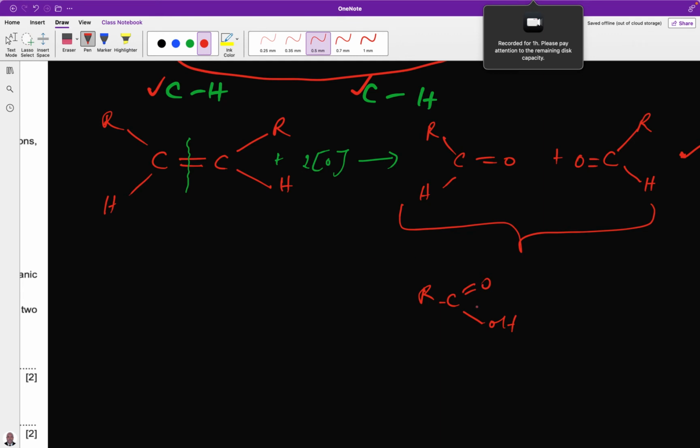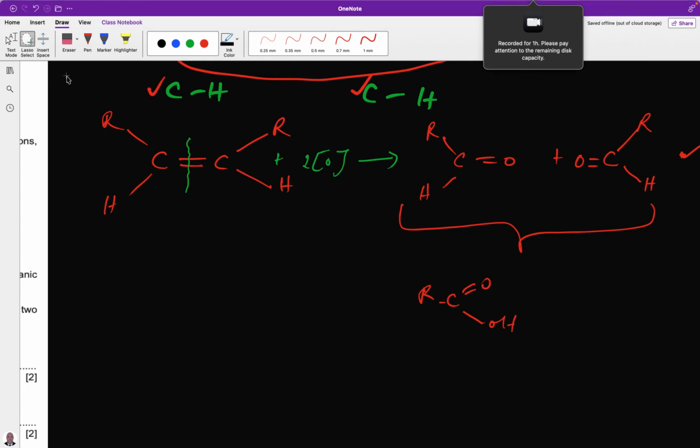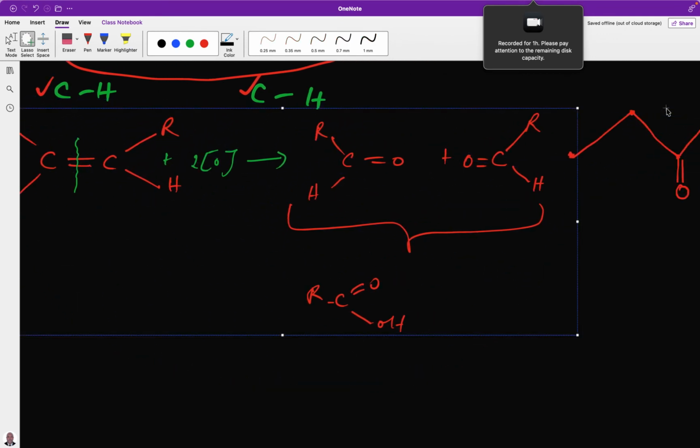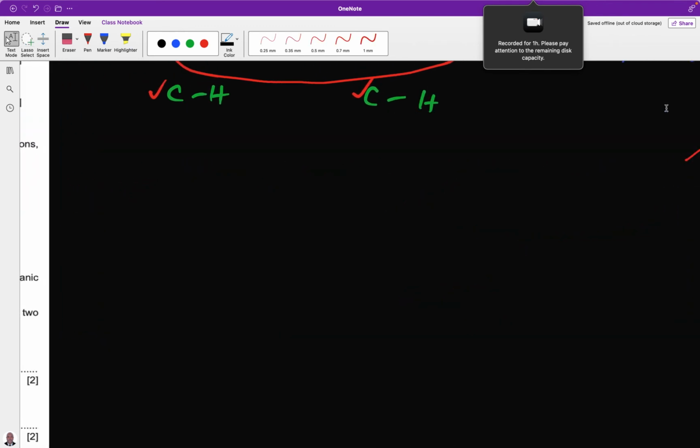If 2 molecules of aldehyde are formed, and we have propanoic acid, this is how the whole thing is supposed to look. And this is how we are supposed to have our molecule for propanoic acid. Our molecule is like this.